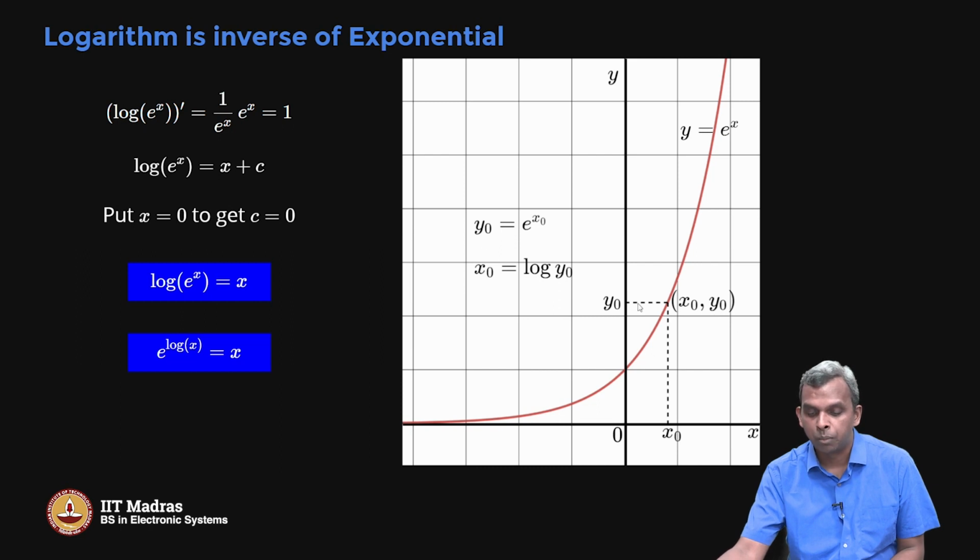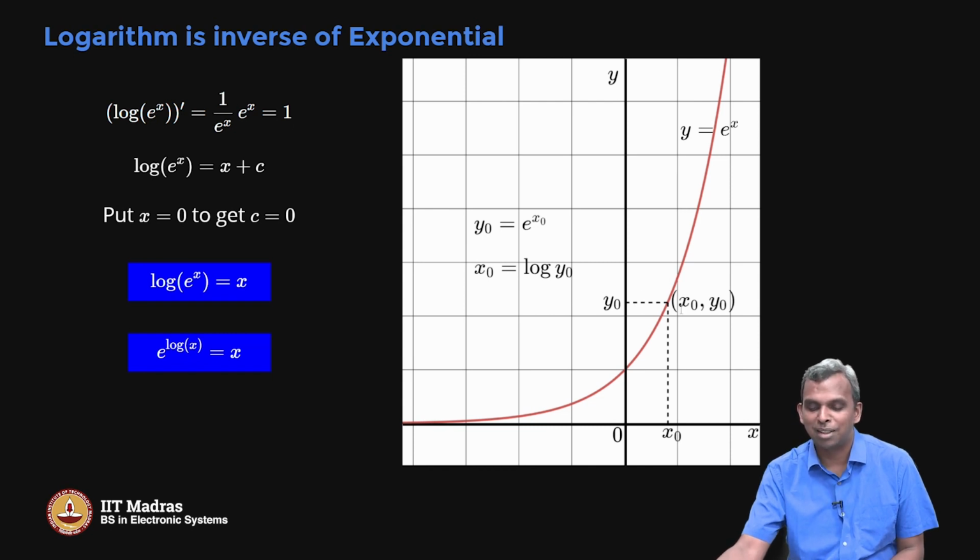So y naught becomes e power x naught, and x naught becomes log of y naught. Log of e power x naught is x naught itself. You go from x naught to e power x naught and then take log, you come back. You take log of y naught, you go back, you take e power, you return.